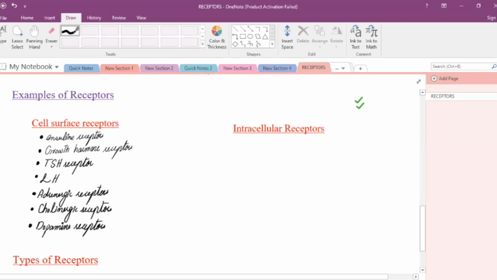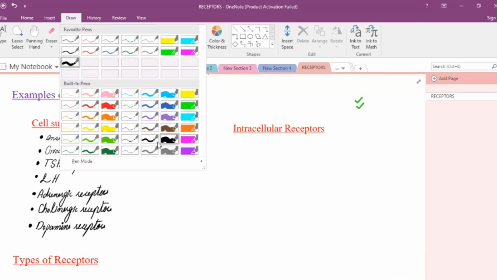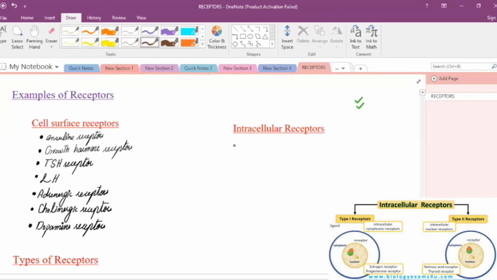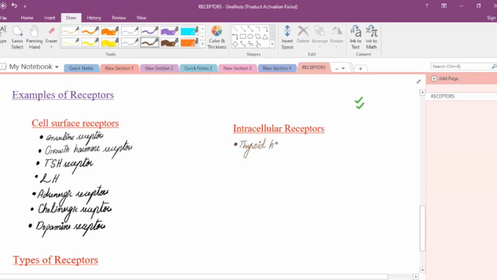Okay, the next is intracellular receptor. Examples of intracellular receptor. The first one is thyroid hormone receptor.